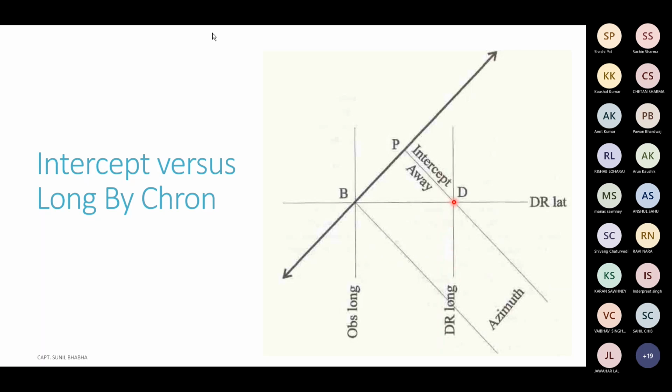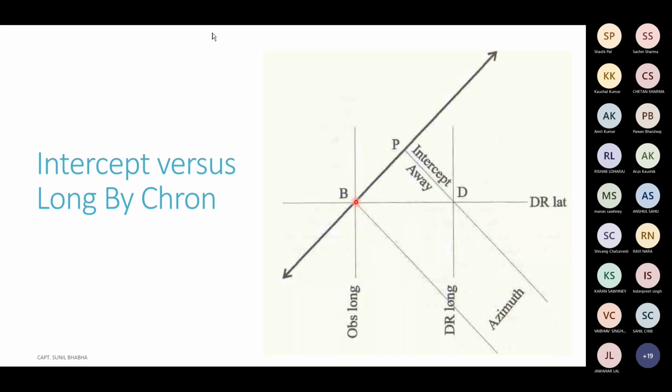And the delta position which you see here is the DR position. Now there is one more longitude which is given here, highlighted by the laser pointer now. This is the observed longitude. Let's assume we solved a particular question and this is the observed longitude that we obtained.